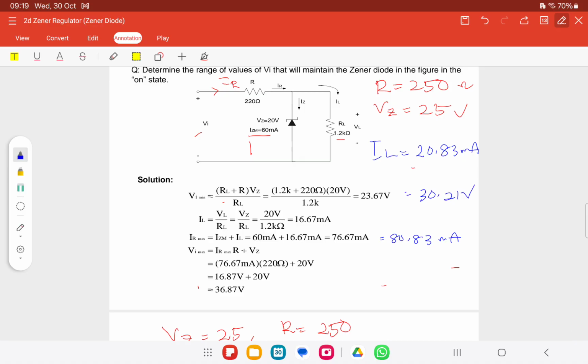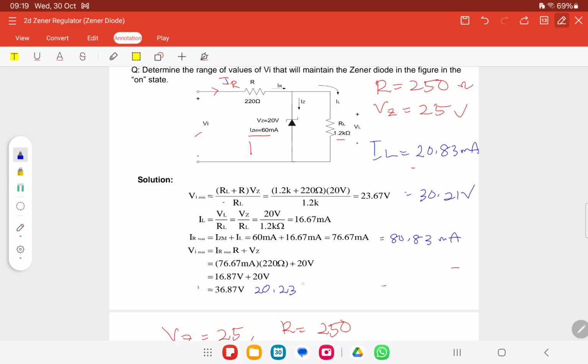Ini lagi simple sikit dari yang second kan? Tapi soalan dia boleh tukar-tukar sebenarnya. Dia boleh suruh you cari I max, IR max, IR min. Okay. Berapa? What is the value for VI? 20.23 kilo?